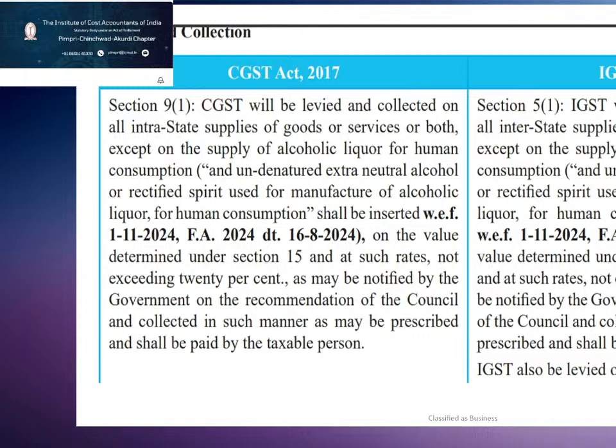So he is eligible for the composition scheme. Next, what is asked is the value of service also. We can see his services also. He is a trader of cell phones. So we are manually calculating again if he is doing the service business as well.